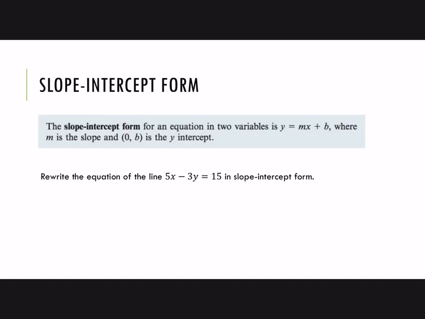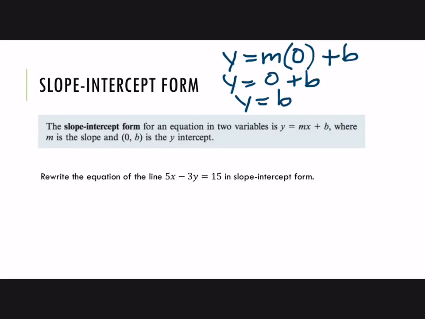So notice if I plug 0 into the equation, if I substitute it in for x, because remember that's the process for how you find a y-intercept, substitute 0 in for x, and I get y equals 0 plus b, or y equals b.